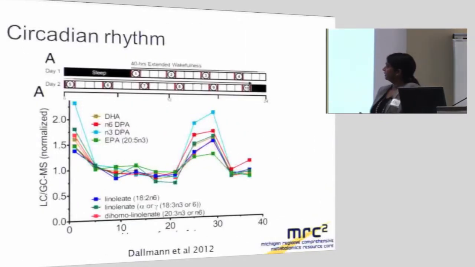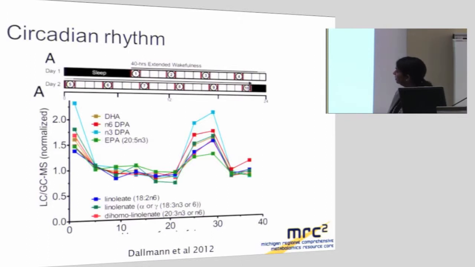This is a study here. About 10 patients were made to not sleep for 40 hours, extended wakefulness. I'm talking about this study to illustrate the effects of circadian rhythm on your metabolites, especially the steroid aspect of things. Here, we are measuring dihydropalmitate and other steroids, and fatty acids.